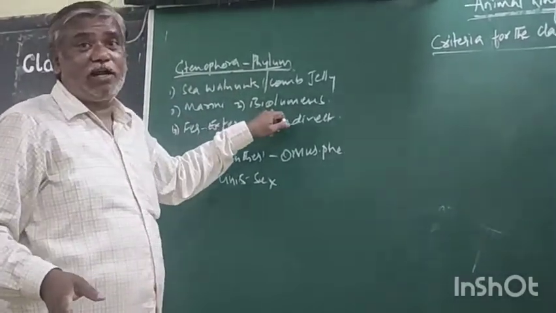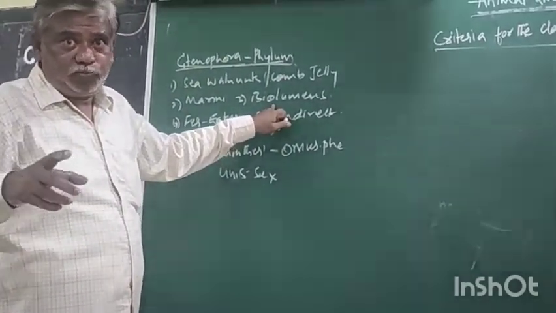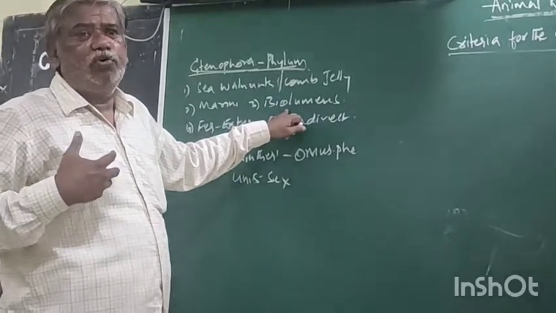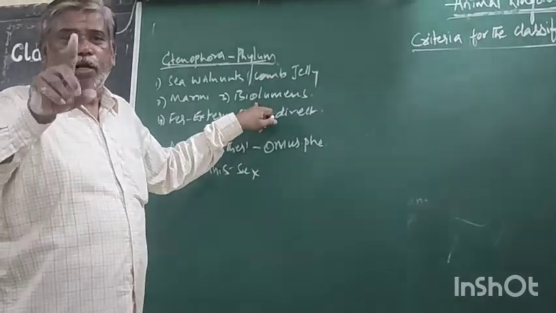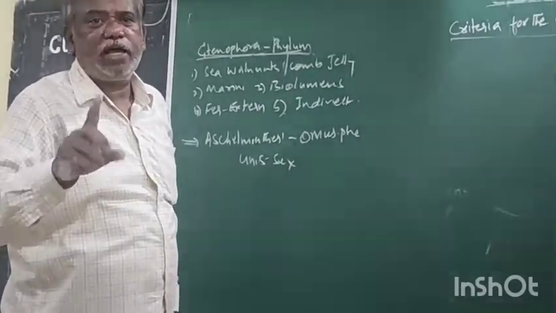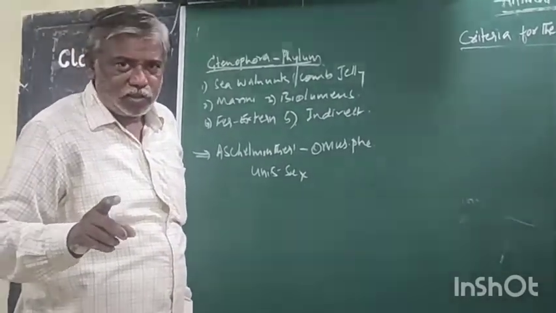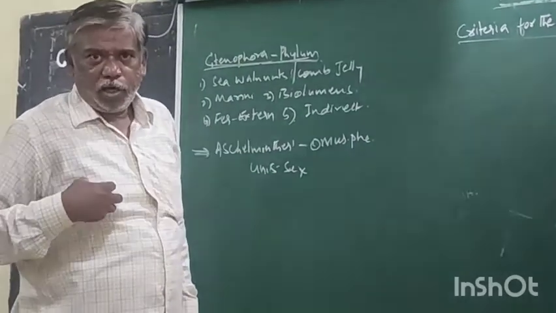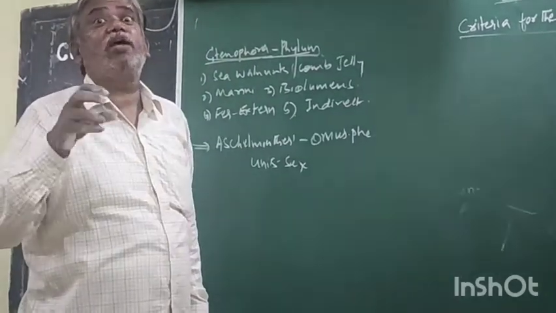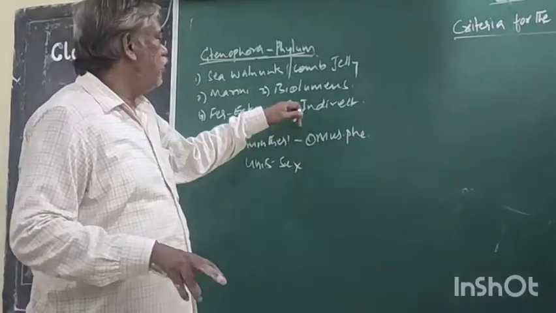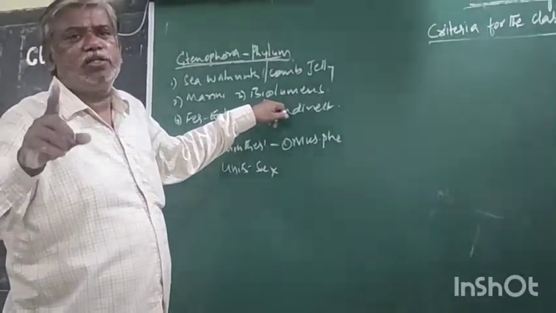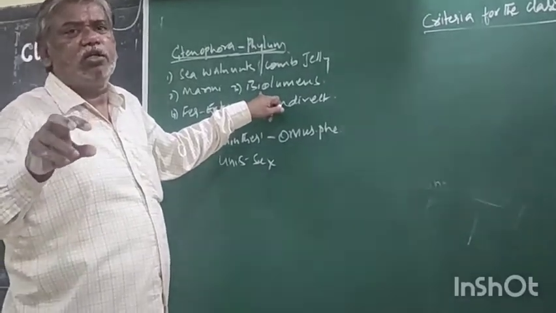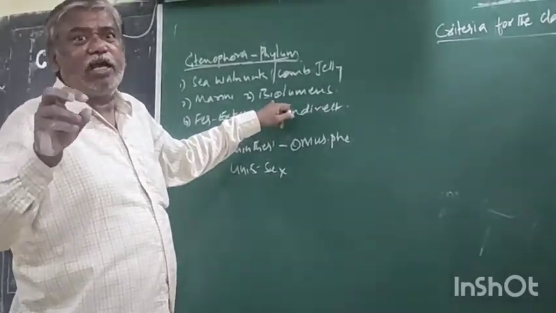Hence such a character is called bioluminescence. We do not show this character, because luciferase, the enzyme, and luciferin, the protein, are absent in our body. These animals produce luciferin, and due to the presence of luciferin they emit light.